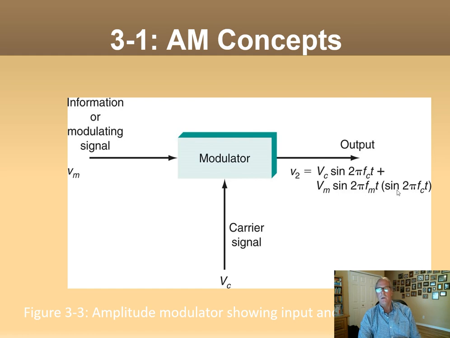So we multiply the sine part of the carrier signal by the modulation also, and we add that to the carrier. Now, as we went over in the lecture in class, the sine times sine expression can be changed using a little trigonometric magic into two cosine signals, two cosine waves that are added together.